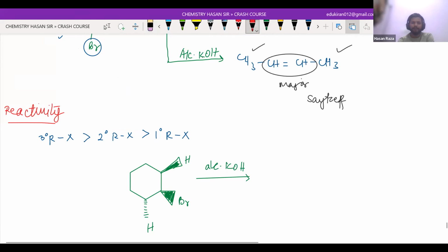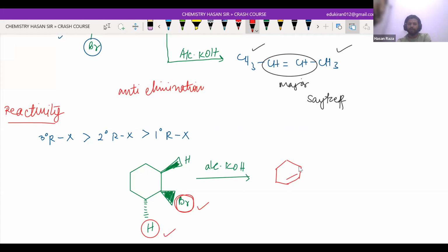See, it is anti-elimination. That means this bromine and this hydrogen, this is solid and this is wedge. So this will be removed and the double bond will be taking place at this. And this will be as it is.